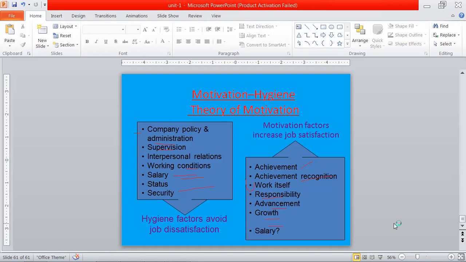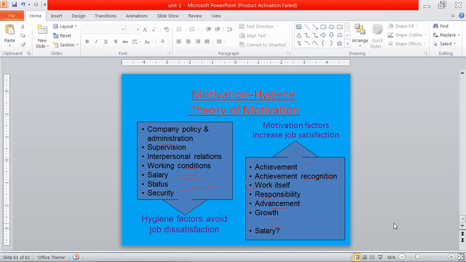You should not dislike the people, give them discomfort, or criticize them whenever they are working in any organization. So the motivation hygiene theory says that we have both things. Motivators increase job satisfaction, and hygiene factors avoid job dissatisfaction.